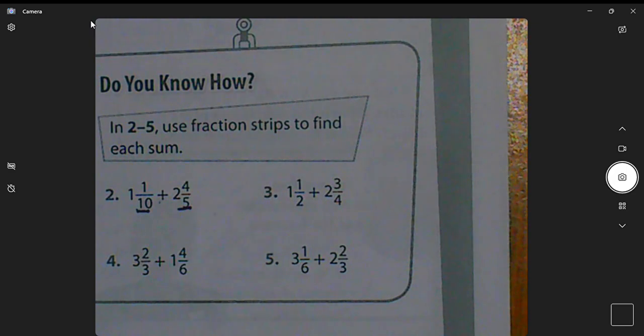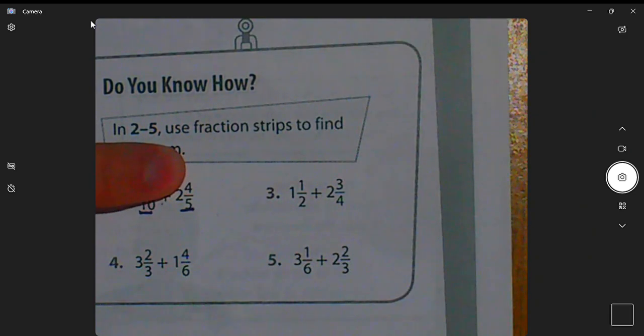But I know that I can change one of my fractions, or both of them, to have the same denominator. So the next thing I have to ask myself, do I see a multiple that I can use? Between 10 and 5, do I see a multiple that I can use? Yes, I do. What multiple do you see?